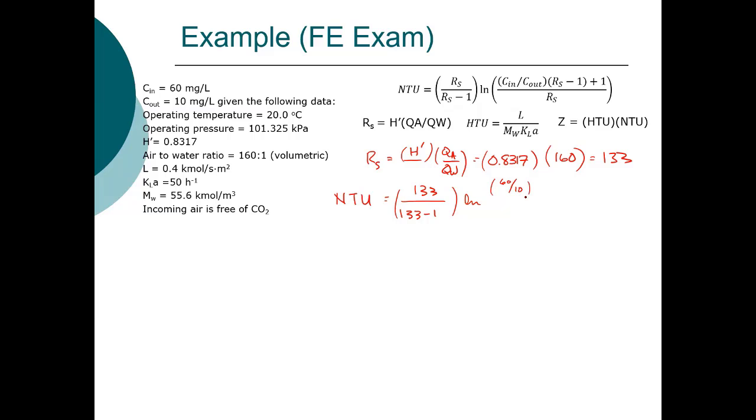We don't need to do the conversion to molar units since we're dealing with the same chemical and the conversion would cancel out, times 133 minus 1 plus 1 all over 133. And that is equal to 1.8.